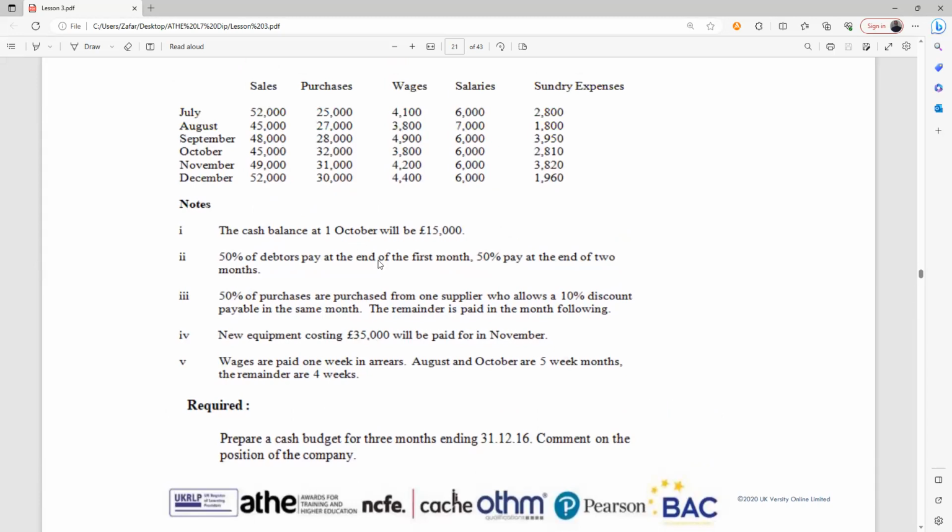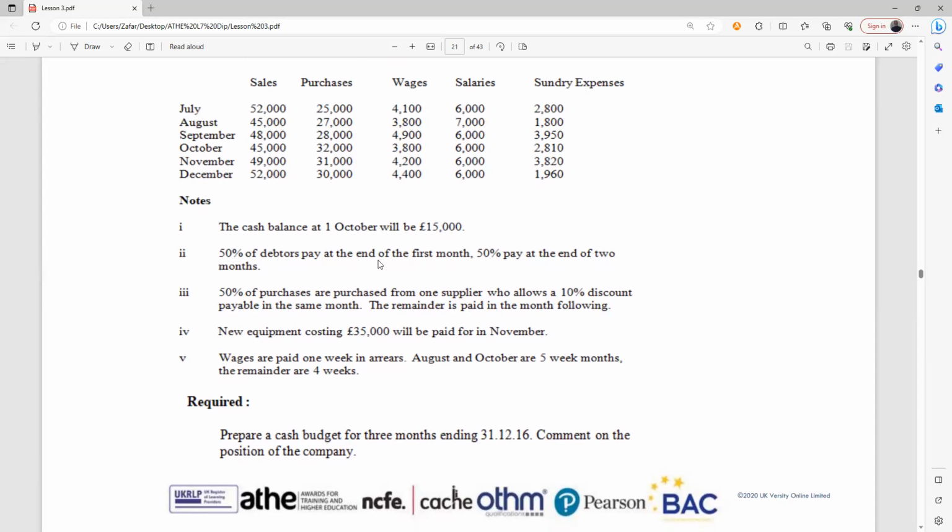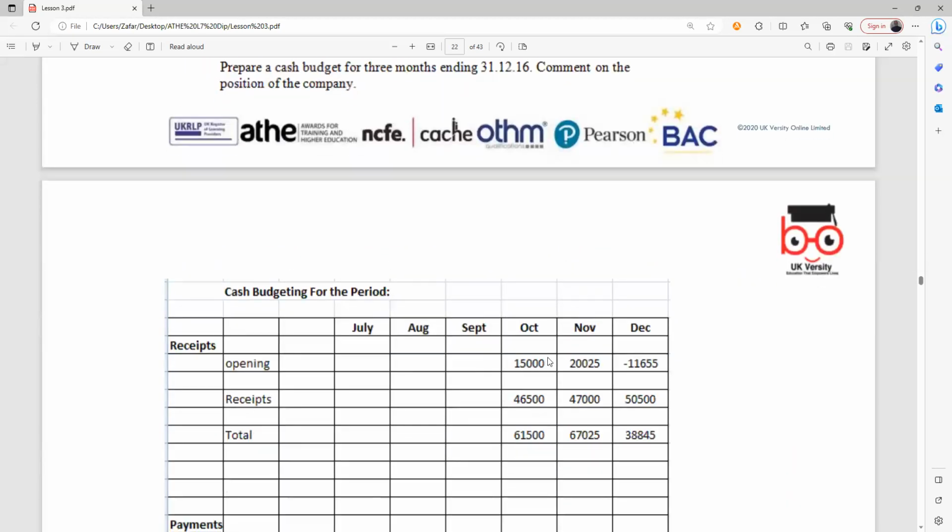When we prepare the cash budget, we start from October with an opening balance of 15,000. How much do we receive in October? £46,500. Now, how do we work this out?